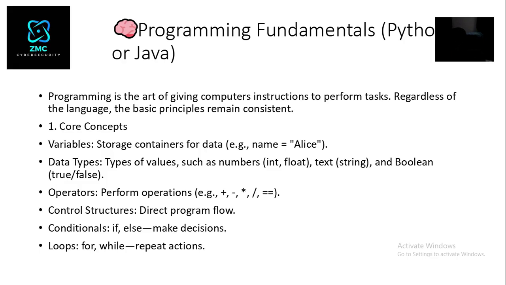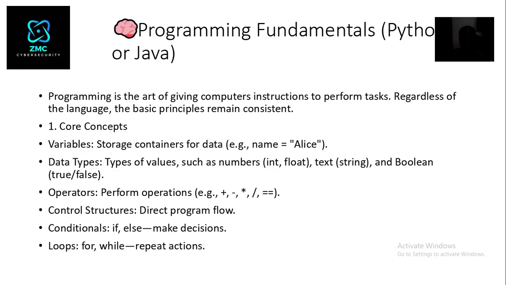You see the way it's been written, the way it's been structured. Then we have data types, which are types of values such as numbers, for example int and floats. Then we have text, which is strings, and we have the boolean, which is true or false.